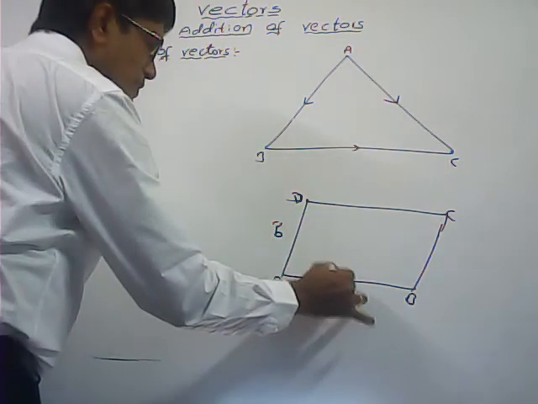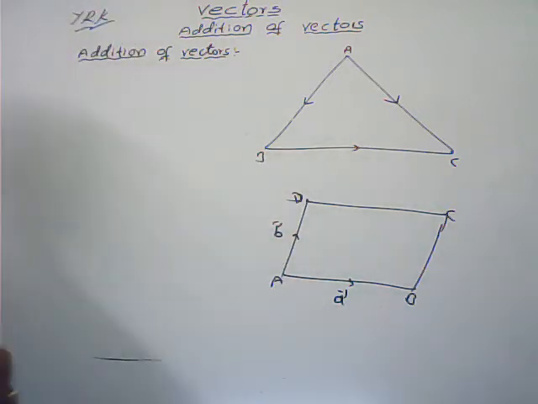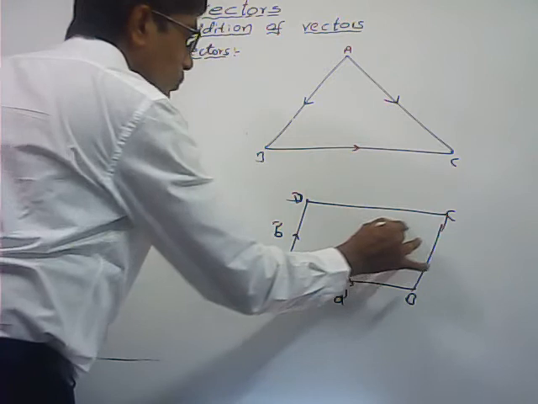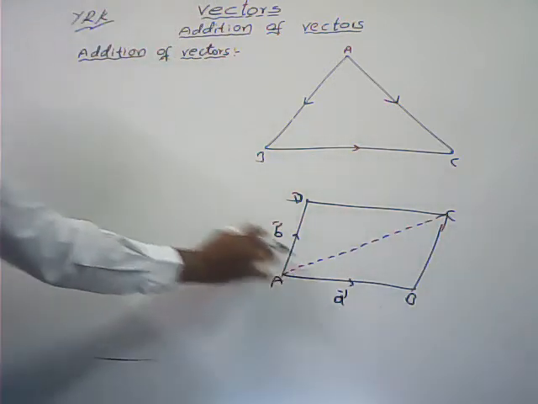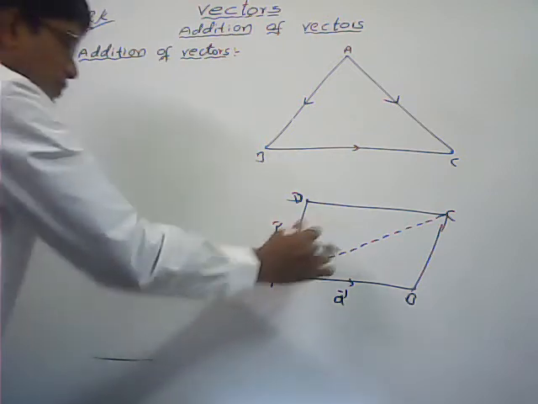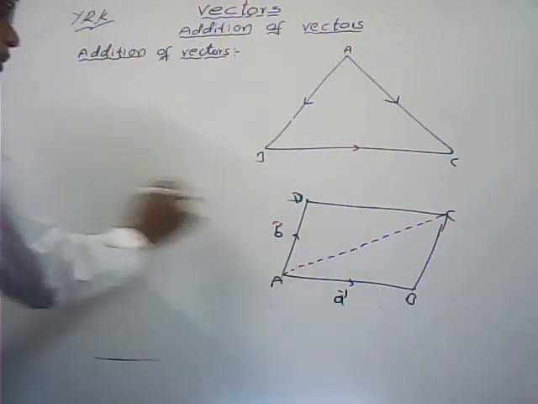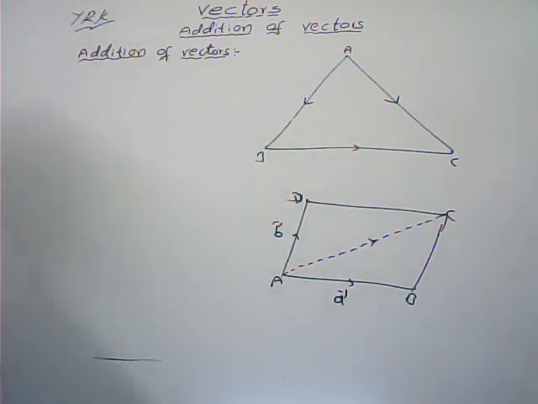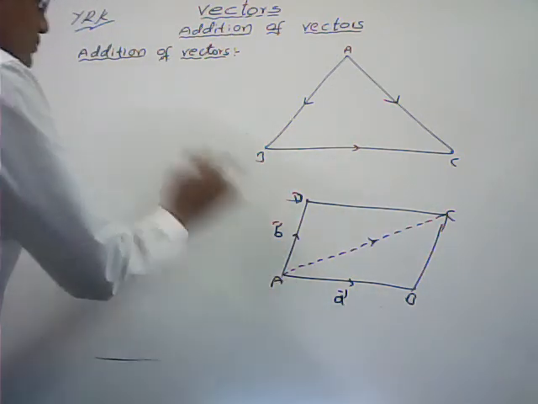Then its diagonal which passes through the point of intersection of these two sides, this one here, AC bar, we say that is the sum of these two vectors.